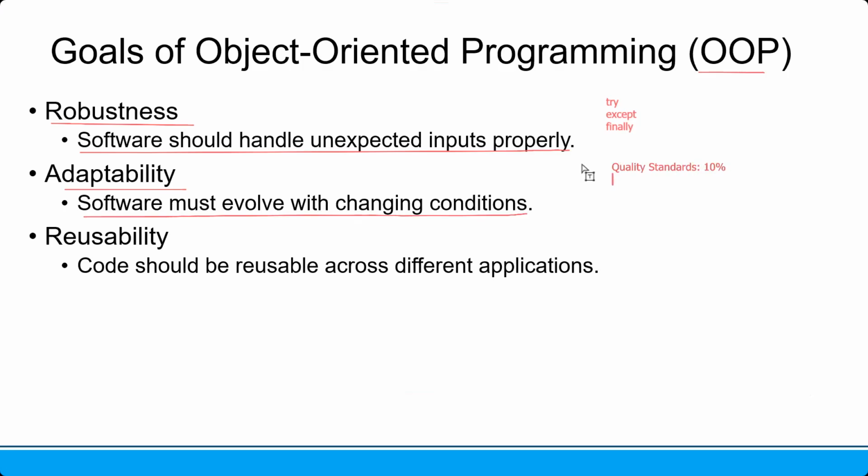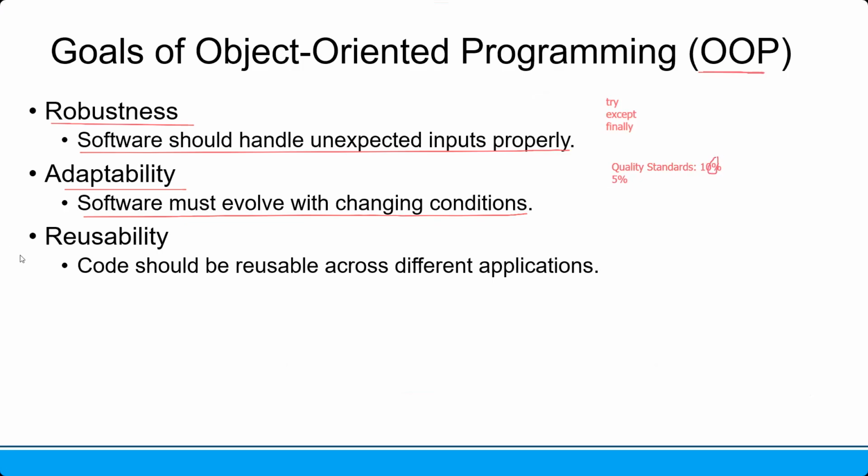But because we are now becoming an international company, the standard becomes 5%. So the standard becomes lower than the previous one, for example. Then using the OOP, you do not need to change all the codes. You just need to change the value. So that is how you can adapt with some changing condition. You don't need to change all the codes, you just change the parameter maybe.